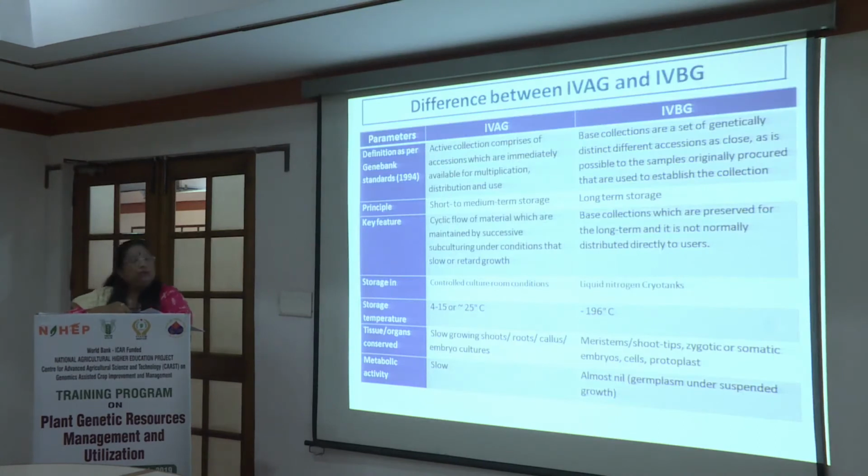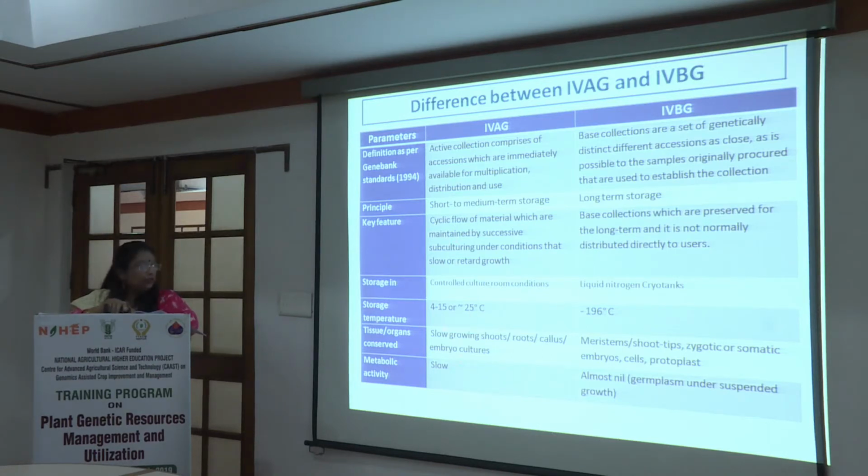Now this slide gives an elaboration of the difference between an active gene bank and a base gene bank. As the name suggests, here we are talking of conserving tissue cultures in a slow growth state, but nonetheless they need to be subcultured regularly, whereas here we have put them for long-term conservation in cryopreservation, and once we put it, there is no need for subculture.